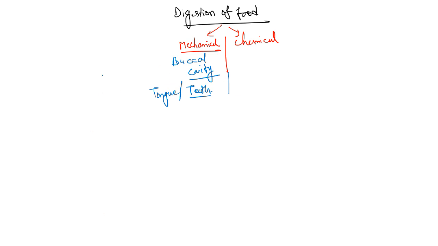And this is where the glands function. Salivary gland is there. Saliva secretion is involved. Mucus secretion is involved. Mucus is also produced by the salivary gland in the saliva. It helps in lubricating the food.